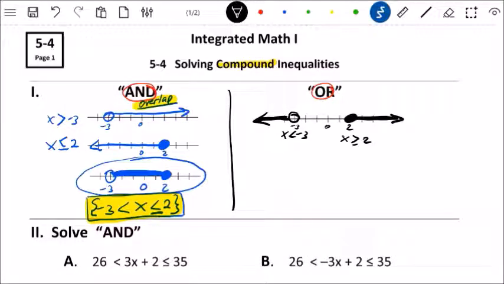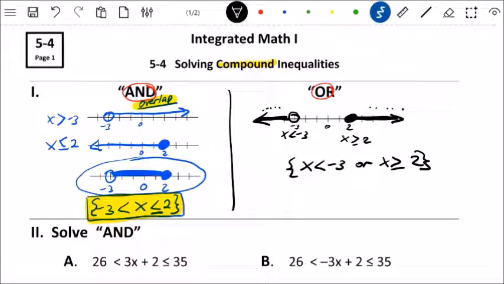In this case, the answer can be any number that's here, or it can be any number that's here. It'll make one of them true, or both. So I'm going to write the answer as x less than -3 or x greater than or equal to 2.